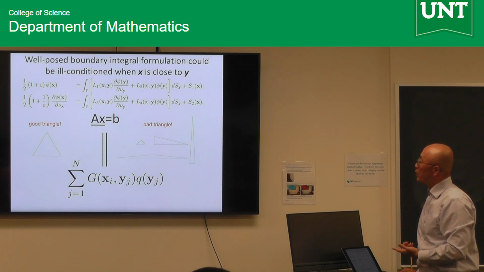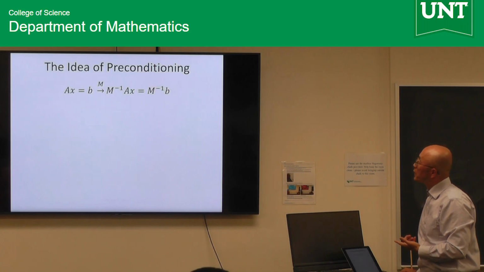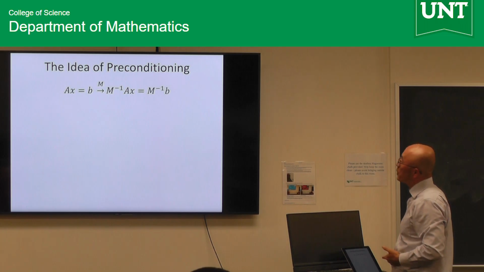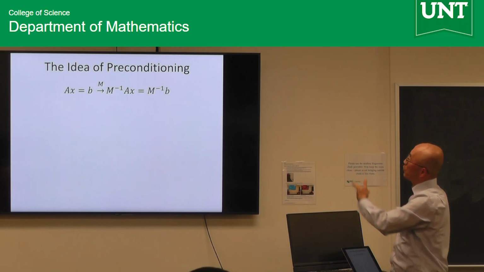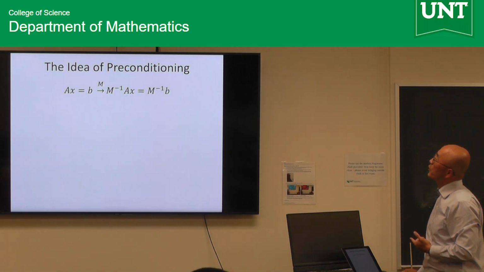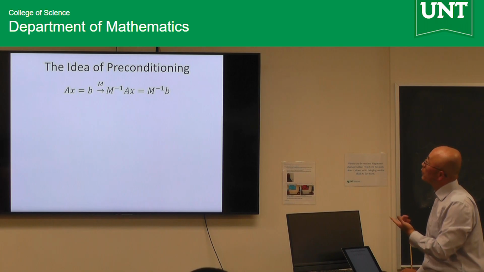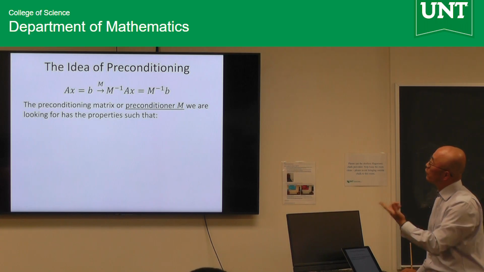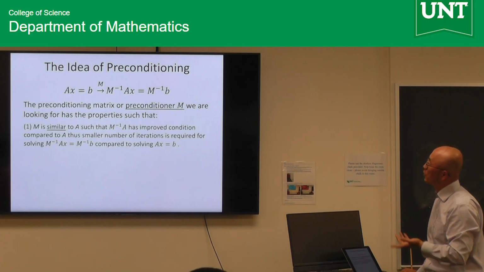And how do we do the preconditioning? The idea is when you try to solve AX equals B, you can multiply what we call a preconditioner matrix to the system. Then it becomes solving this problem. The preconditioner we're looking for should have two good properties.